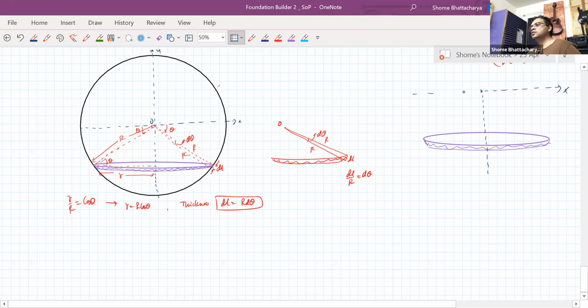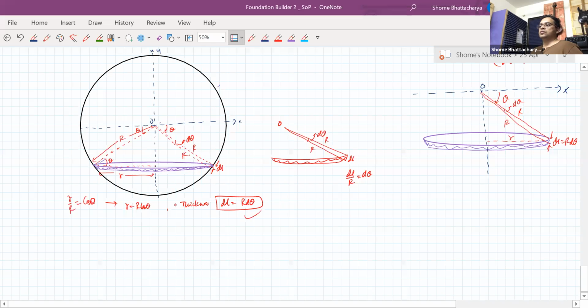This is the x-axis. Consider this angle as theta and this thickness as r d theta. This angle is d theta, and of course this radius is small r.